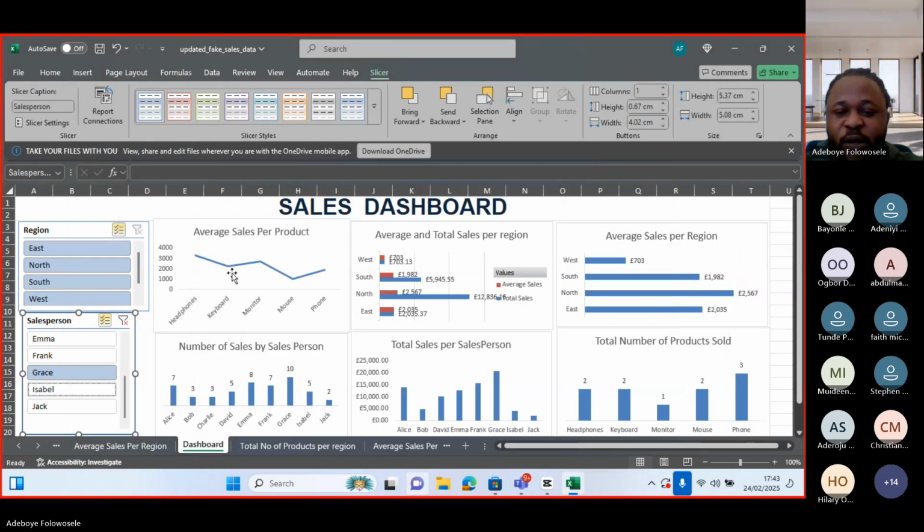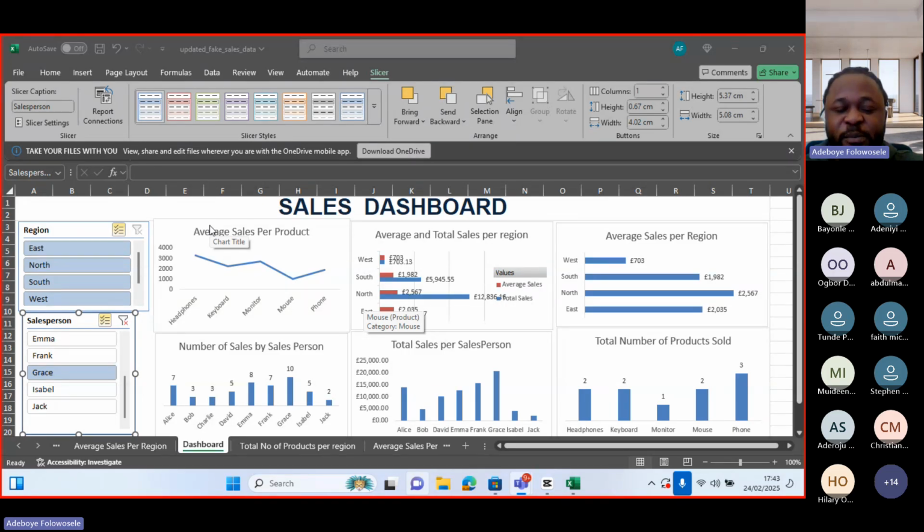So now, as we can see, I have explained to you how you can put one or more slicers on your dashboard. And I've done a bit of explanation on how to present this to your stakeholders.